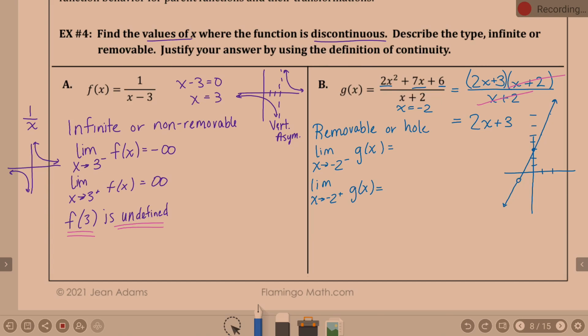Now, here's the deal. So that's a good thing to be able to graph without the calculator. To realize, oh, hey, we're at 2x plus 3. It is the graph of 2x plus 3 with a hole. So, what's the limit as x approaches -2 from the left and the right? Now, as x approaches -2, what is the limit there?